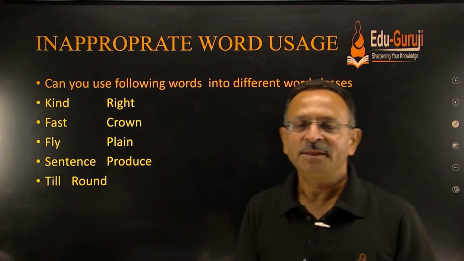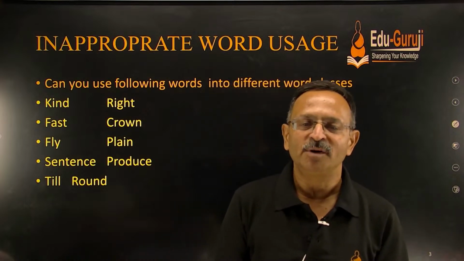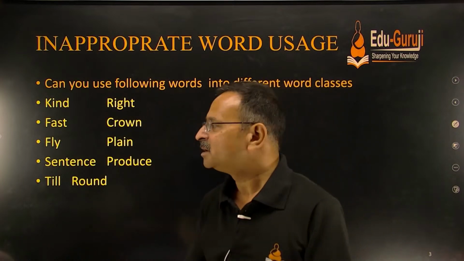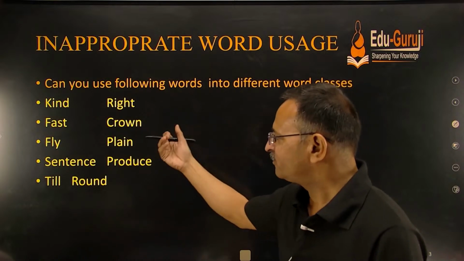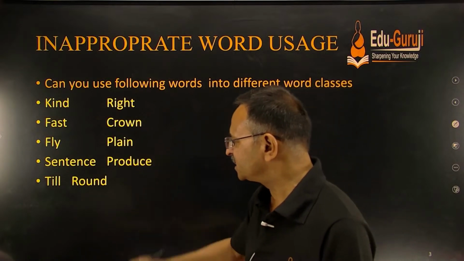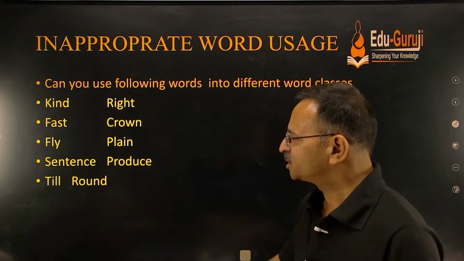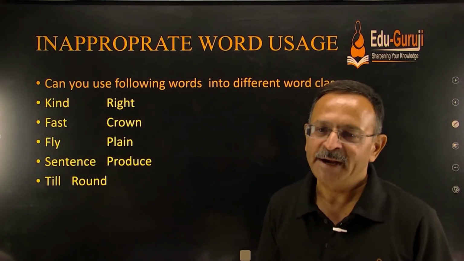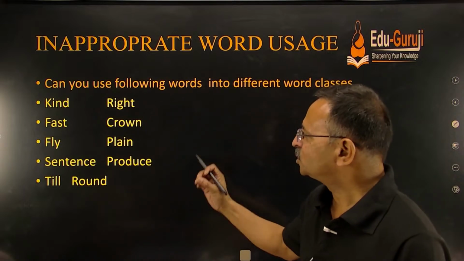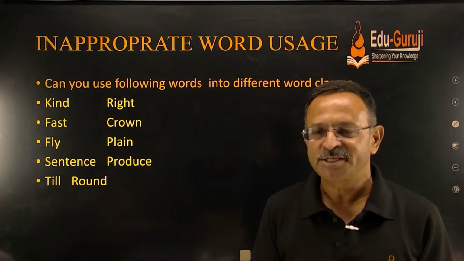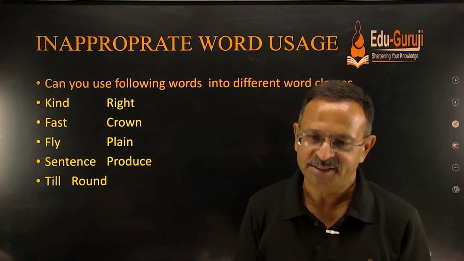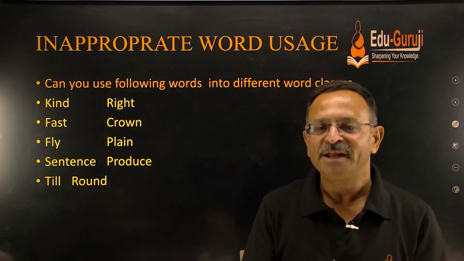So, in the last part, I gave you a number of words like kind, fast, fly, sentence, till, right, crown, plain, produce. These are the words which I gave you, and I asked you to use these words in different word classes. So I'm just reminding you again.